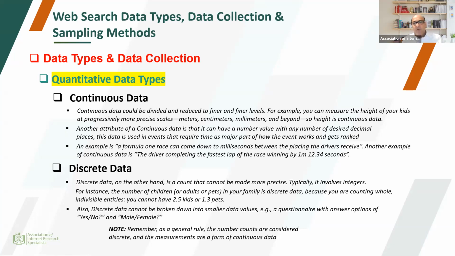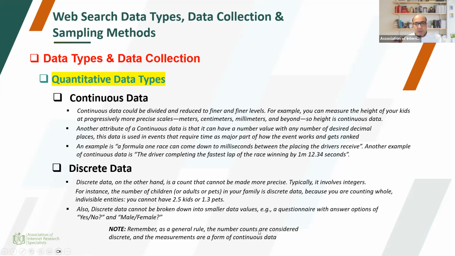Here, the object is a human being and an animal, a pet, and children. So 2.5 or 1.3 is not going to work. Remember, this is a note: as a rule, the number counts are considered discrete and the measurements are a form of continuous data.